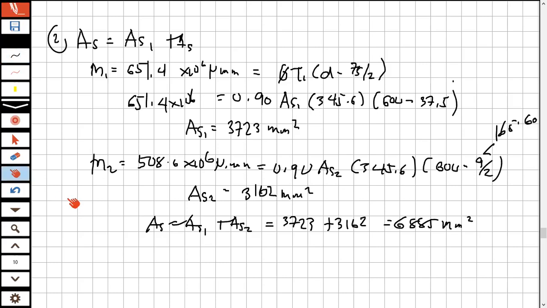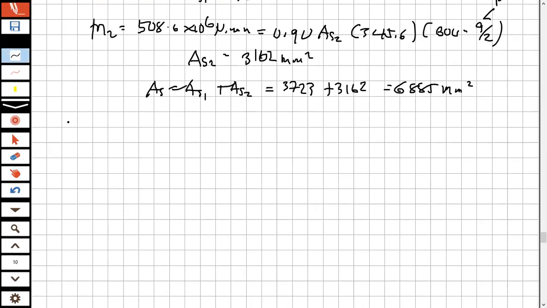Okay, number 3. For number 3, the question is, compute the maximum steel ratio. So this is just a formula. What is rho max? Rho max is equal to 0.75 rho balance plus rho f. So you have here 0.75.